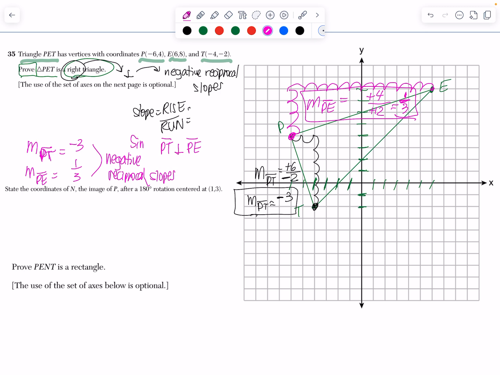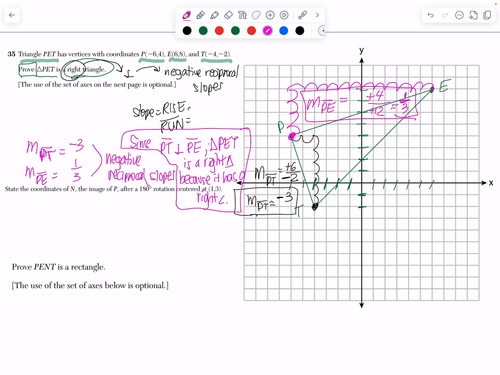So since PT is perpendicular to PE, triangle PET is a right triangle because it has a right angle.